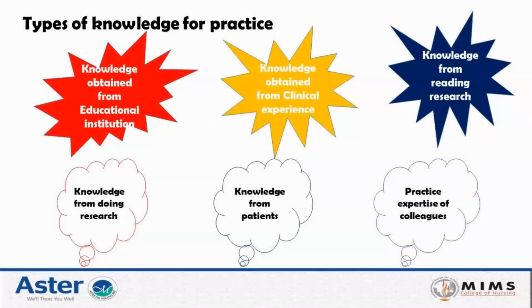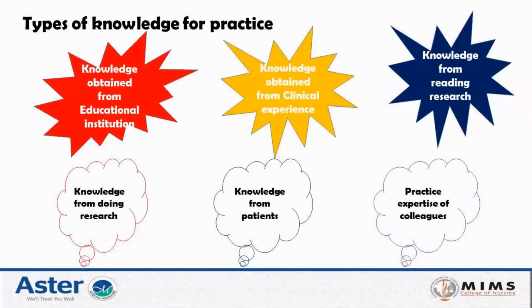So, once more, the types of knowledge for practice come from knowledge obtained from educational institutions, knowledge obtained from clinical experiences, knowledge obtained from reading research, knowledge from doing research, then knowledge from patients, and practice expertise of colleagues.